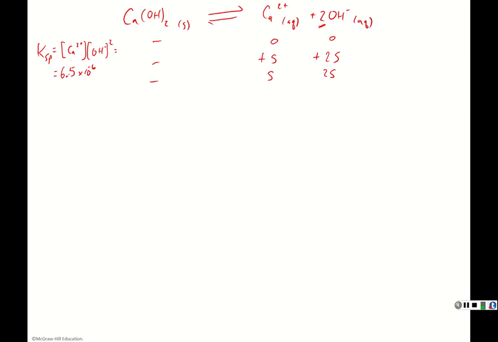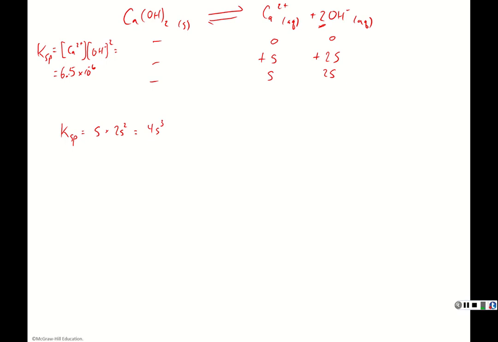Okay, so now our KSP, we can plug those values in. It would be S times 2S squared. And that would equal, when we multiply that through, 2S squared would be 4S squared times S would be 4S cubed.